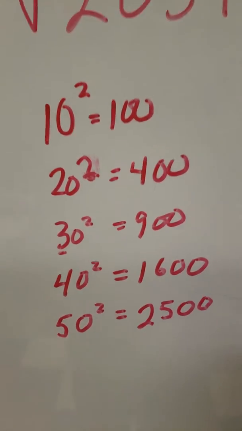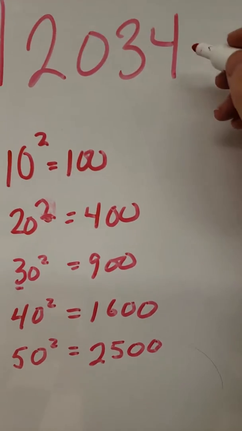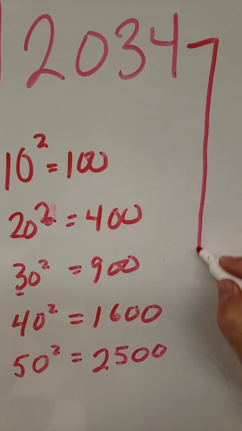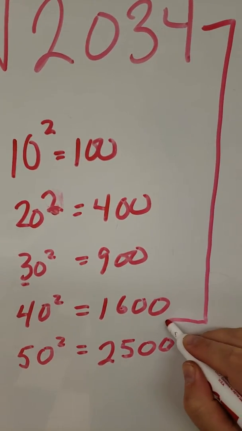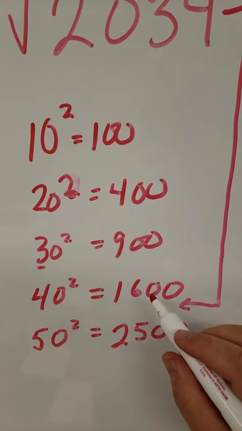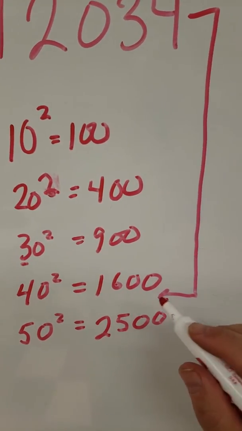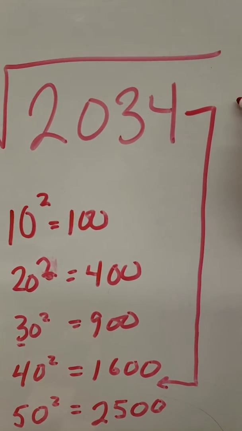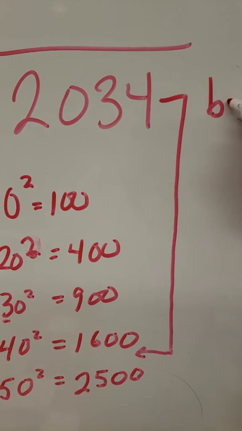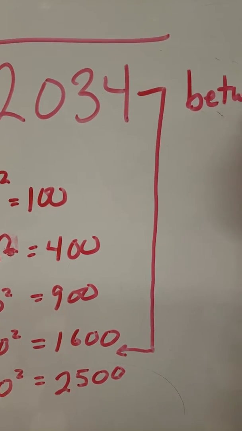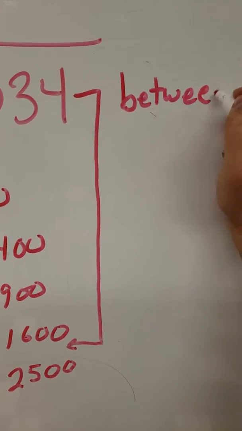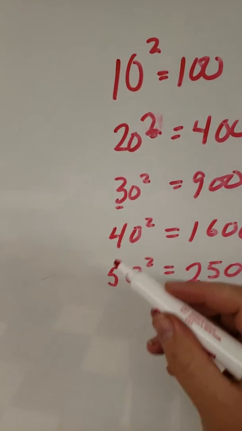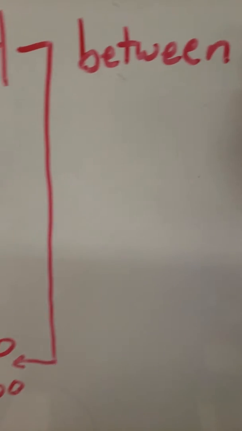And what we should notice is that the number that we're trying to square root, 2,034, falls in between these two numbers, which means that the square root of 2,034 is between 40 and 50.